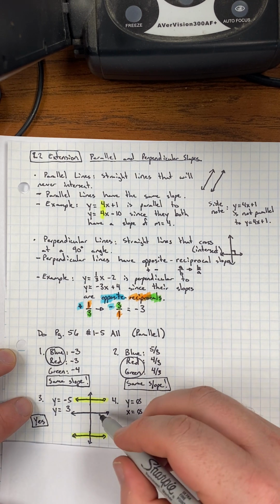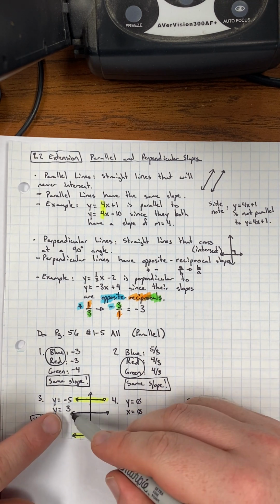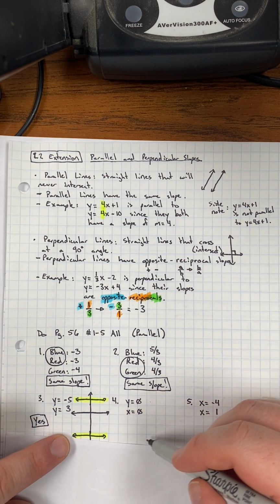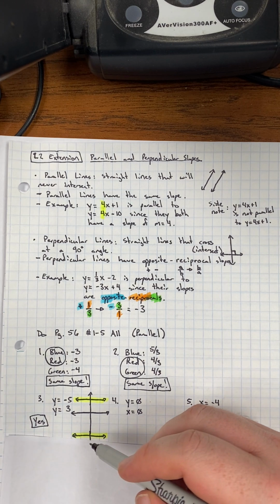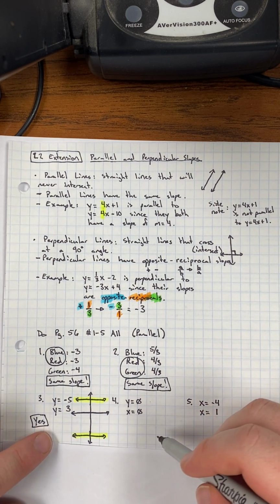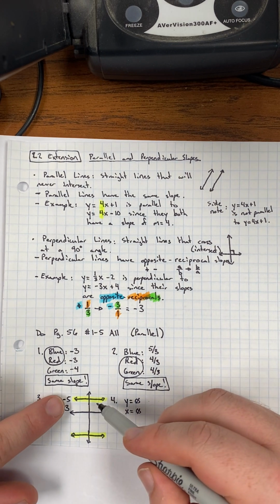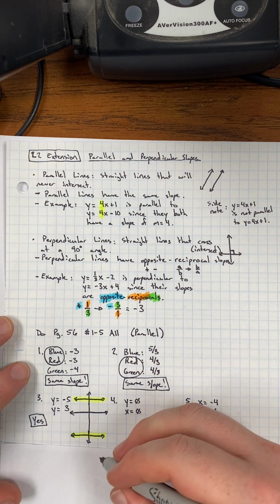The reason is that I know the y value is never going to change for these two problems. All the way to infinity, y is going to stay negative 5 for this one, and for this one, y is going to stay 3 all the way. If they stay consistent all the way down the line, then I know that these two lines will never cross each other.